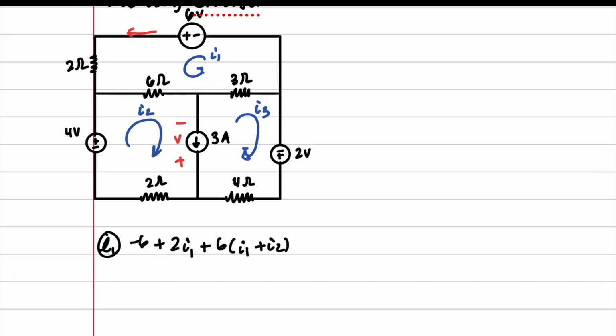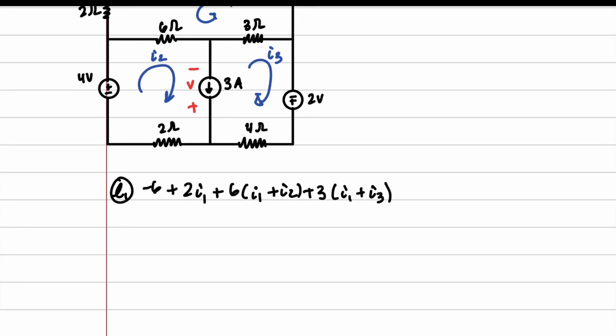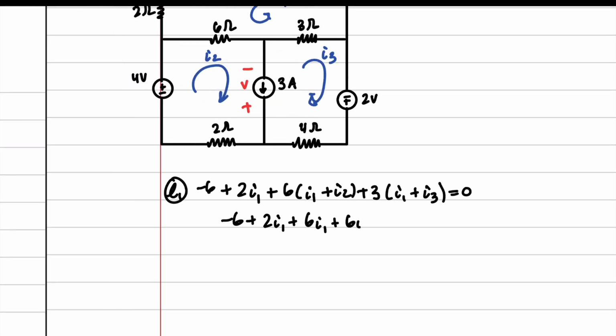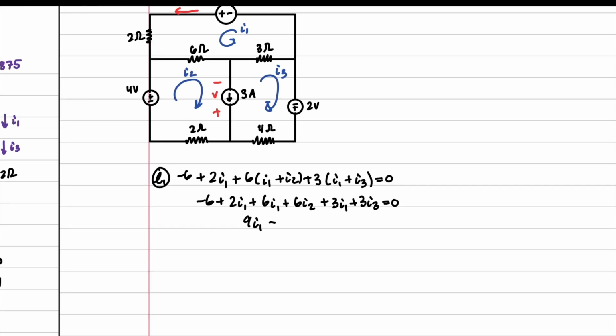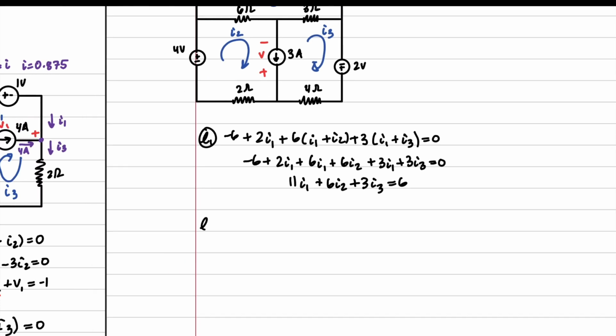Plus 3I1 plus I3. Once again, I chose them to go in the same direction. So we're going to simplify this, equals 0. And we're left with 11I1 plus 6I2 plus 3I3 equals 6.